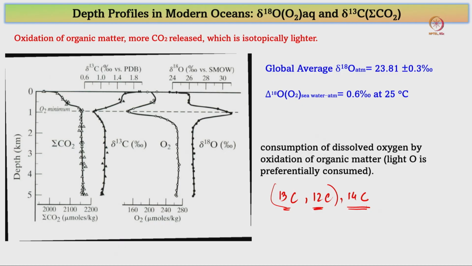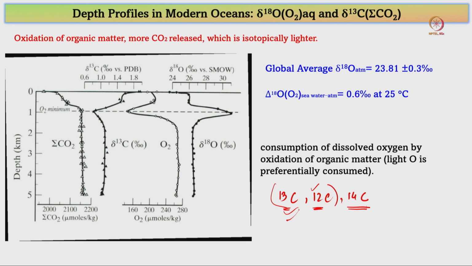Now, when biomass is uptaking carbon, it always prefers the 12C. It is preferring the 12C when we are building cells, when any kind of biomass is getting built up. So, the organic matter is basically 13C depleted.